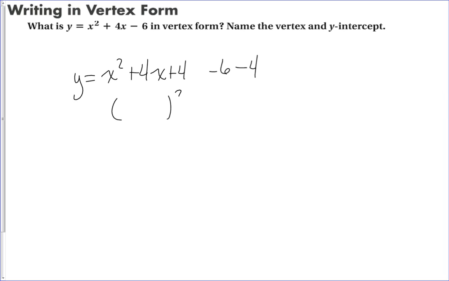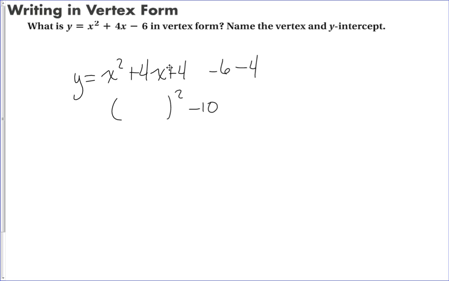So now we have our perfect square trinomial here, which we can factor, and then this gives us a minus 10. So we can also write stuff in vertex form by completing the square. Just move your C term over a little bit like I did.